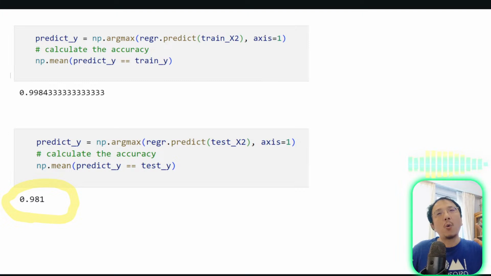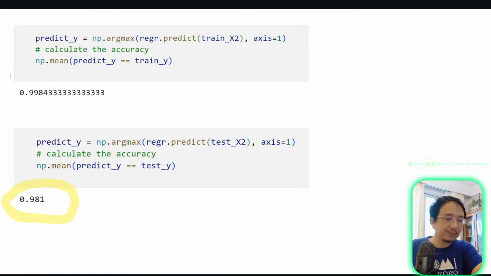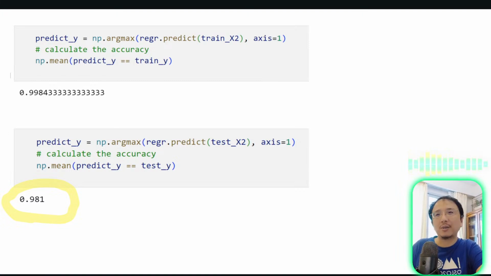And we are only using linear regression. I'm using np.argmax to pick our prediction. The prediction is just a vector of 10 numbers. So which output should we pick?